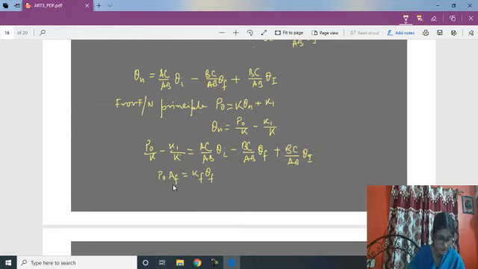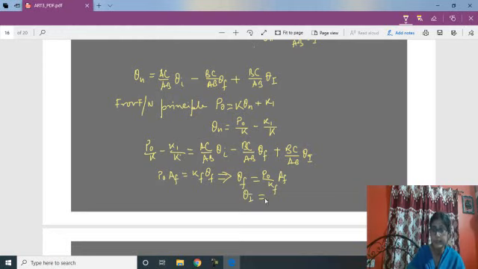AF is the cross-sectional area of the bellows element and theta F is the displacement. So theta F is P0 AF by KF. Similarly, theta I is P0 Ai by Ki.